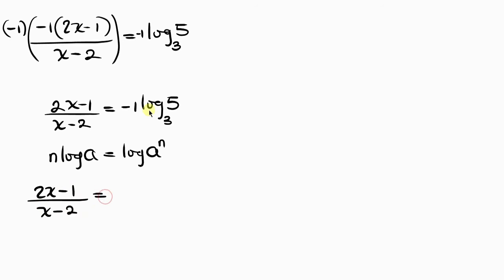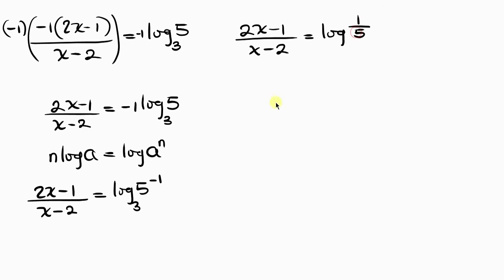This is equal to log 5 base 3. Now, writing this in this form, the negative 1 comes here. And you know a negative power means an inverse. So this becomes 2x minus 1 all over x minus 2 to be equal to log. So this is an inverse of 5, which is 1 all over 5, and now base 3. And this becomes our final answer.